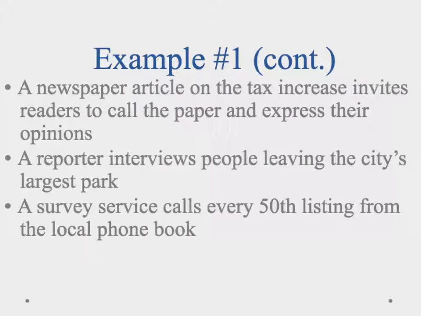All right, so the first type, it says a newspaper article on the tax increase invites readers to call the paper and express their opinions. Being that they invited the readers to call the paper and express their opinions, most likely that is going to be considered self-selected because these people are going to want to call based on how they feel about it.